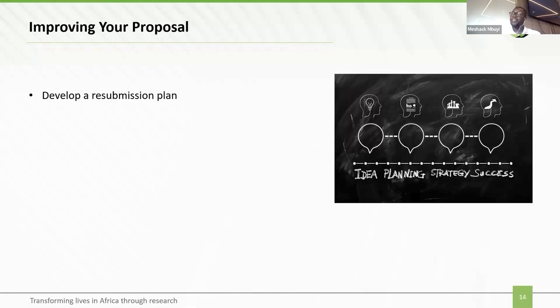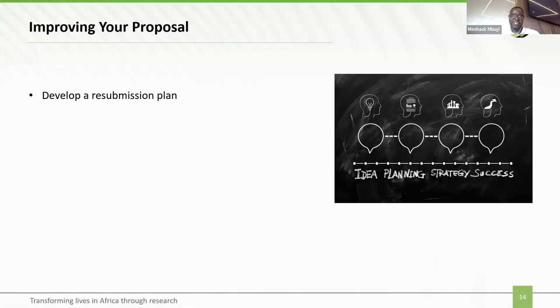A resubmission plan, what I see most people do is, based on the comments that come from the summary statement, they develop a resubmission plan where on this side they put the comments and what is required. On the right-hand side, they put a plan of how they will respond.